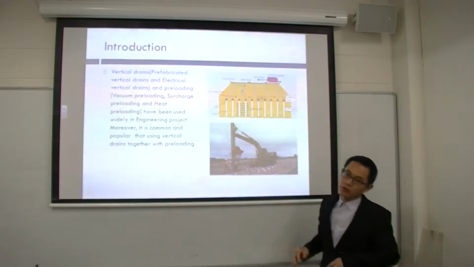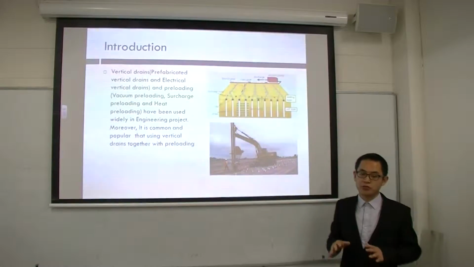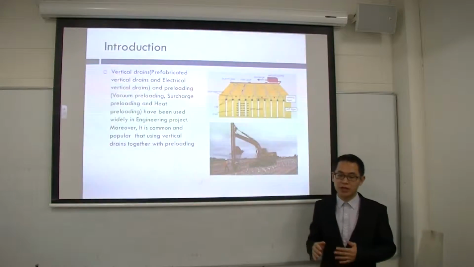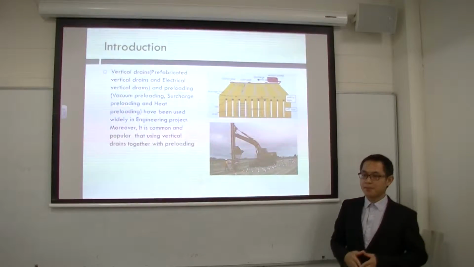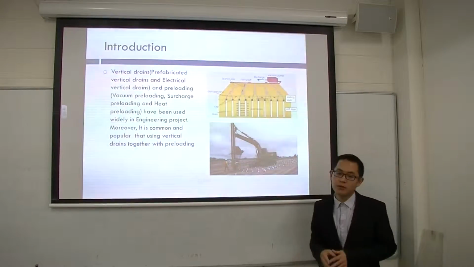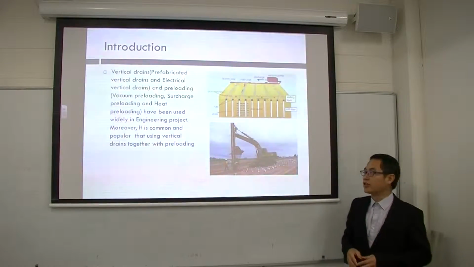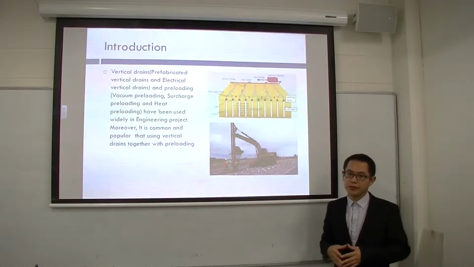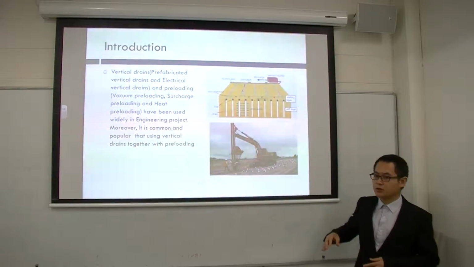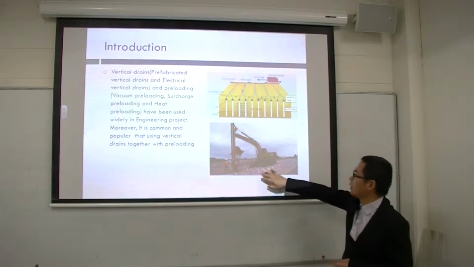In order to improve the soil ground, nowadays we have some techniques to solve this problem. But the famous and popular method is to use vertical drains and preloading. So let me introduce vertical drains and preloading. This is the vertical drains.